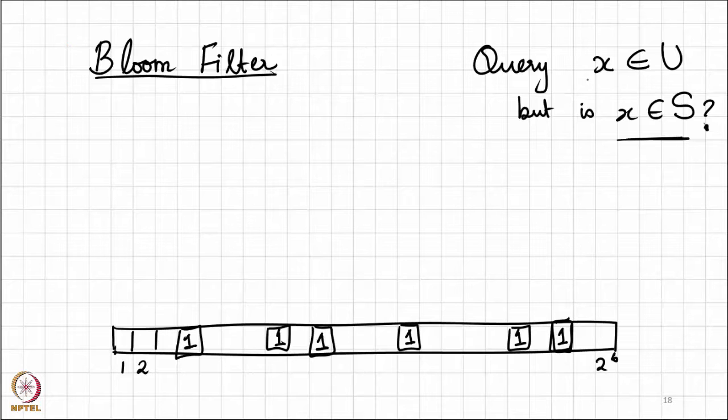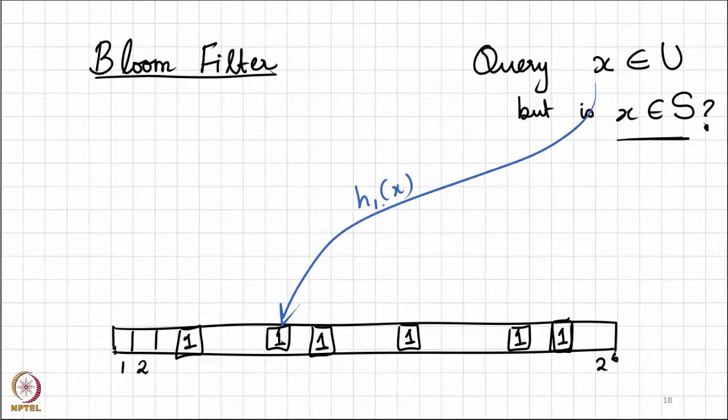So we will take each of the same k hash functions, and we will see, okay, what is h1 of x? Now if h1 of x is leading to an index where we have a 1, we will continue.